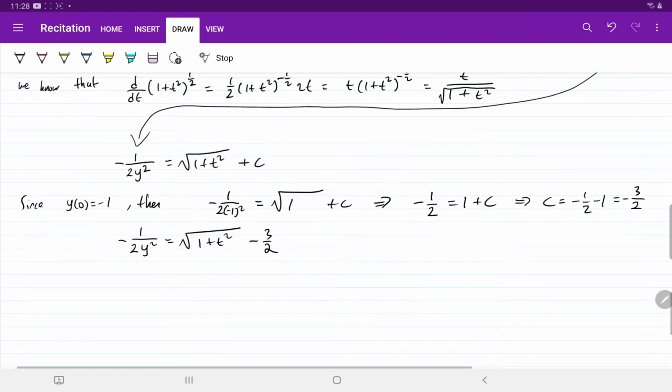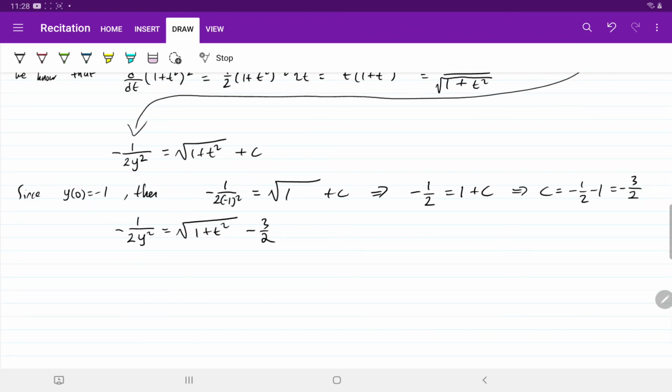So this is the solution, but we need to express it in the form of y, so just y appearing on this side, so we can first multiply by minus 2. Okay, so we have 1 over y squared equals minus 2 square root 1 plus t squared plus 3, right?